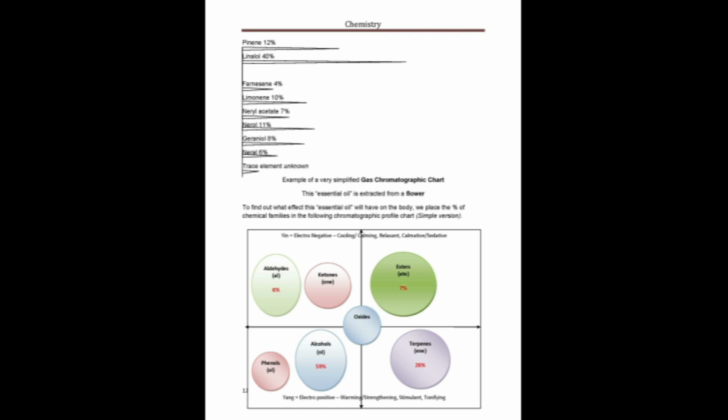There's always trace elements unknown because we still haven't figured out exactly every single element. For example, a chemist can break apart an apple and analyze it, but they can never make an apple back together again because there's always unknown elements that make that apple. And it's the same with an essential oil.